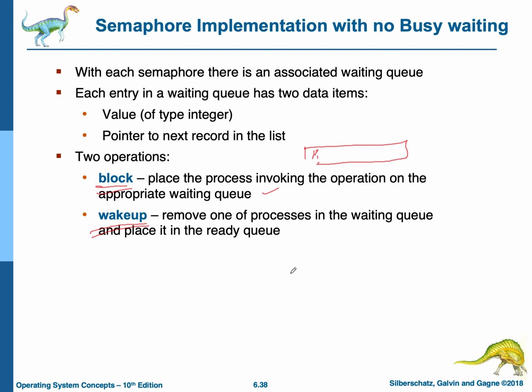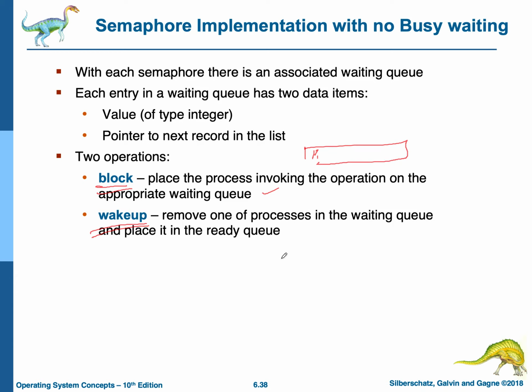I'm sorry, I have made a mistake: when I removed one from the waiting queue, I again applied P of S. So P of S would not apply over here. Make the correction in the previous slide. P of S would not be there when P6 comes to the critical section the second time.